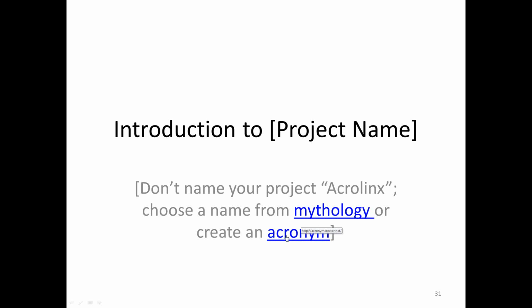You go to that website, try to figure out what you want to call this thing. Well, you want to call it something, not Acrolinx, but say, Introduction to the Phoenix Project, Rising from the Ashes. Actually, that's not a good one. Don't do that one. But something appropriate. Or inappropriate. It doesn't really matter. Just give it a name other than Acrolinx.